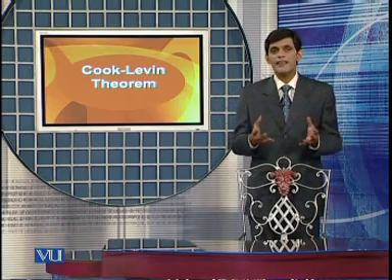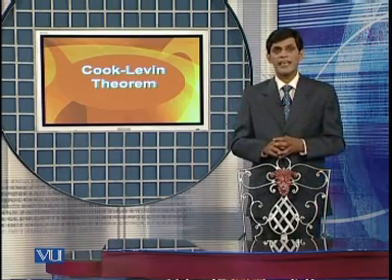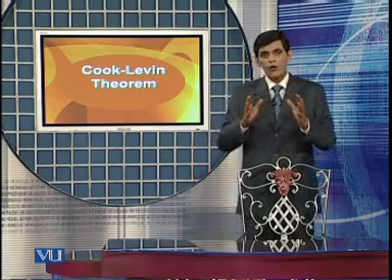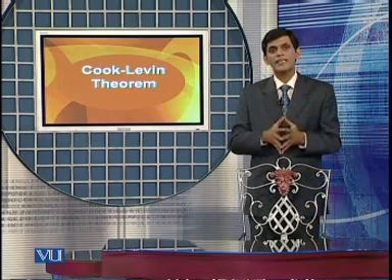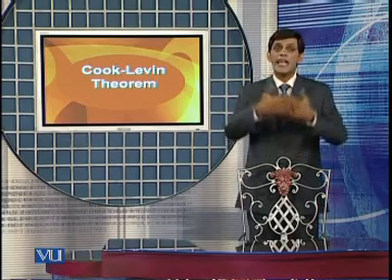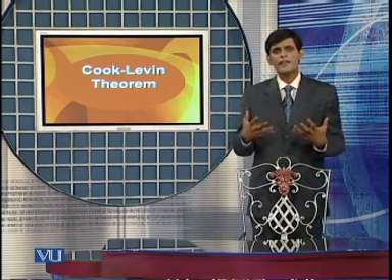It says there's nothing special about three-color. You could have picked any problem in NP and that would be reducible to SAT. So what we have done is shown one reducibility. The Cook-Levin theorem is talking about infinitely many problems that are reducible to SAT. That's why it's such a powerful, such an important theorem.